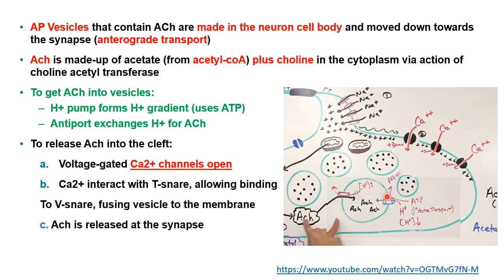Is it clear? Yeah. So the proton pump helps supplement the antiport, which exchanges one proton for one acetylcholine. Yes, the proton pump here is packing up protons inside of the vesicle. Okay, it's using ATP to do that. So this proton pump is a primary, what do you call that? Primary transport mechanism, because it's directly using ATP. And then this antiport transmembrane protein right there, what do you call that one?